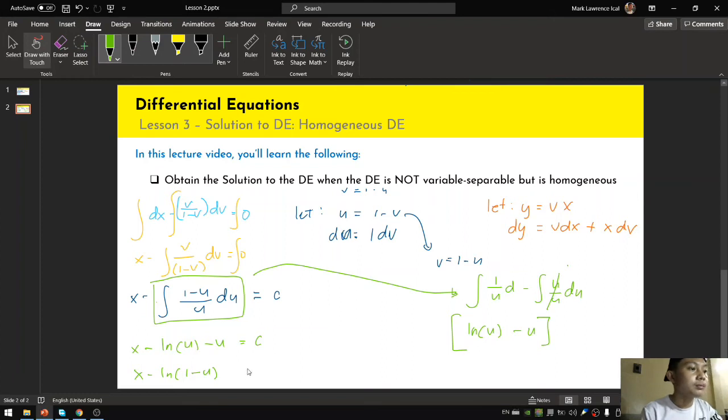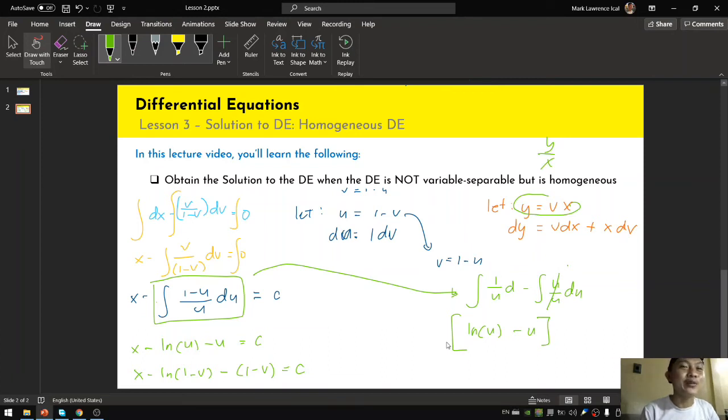Wait lang. Okay, so x minus ln of 1 minus v minus 1 minus v equals to c. Okay. Alright, so that's it. And we're not done yet because this is the actual value of v. The value of v is y over x, sorry po.